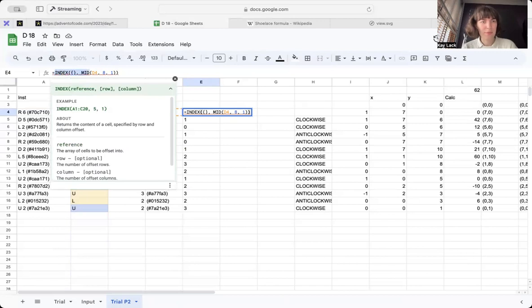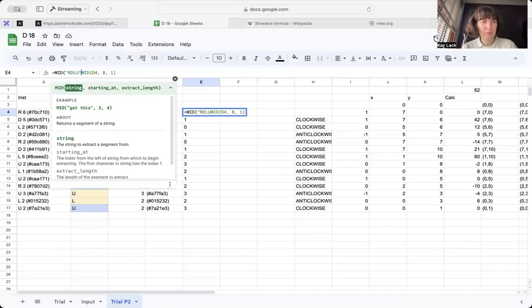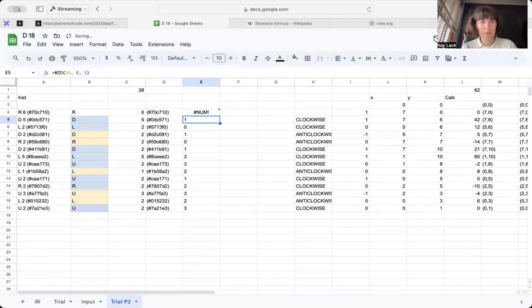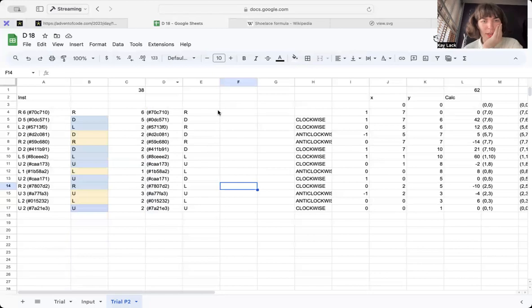Or in fact, RD ends with ULU. Great, okay.